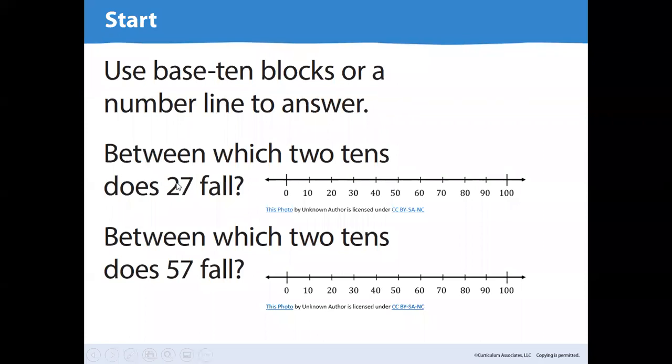Now we're going to look back at 27. We know 27 falls between 20 and 30. 27 rounded up would be 30. We round up to 30 because we count 3 spaces from 27 to get to 30. So it'll be 27, 28, 29, 30.